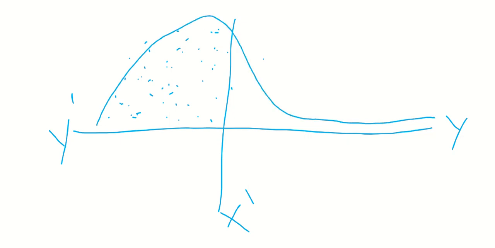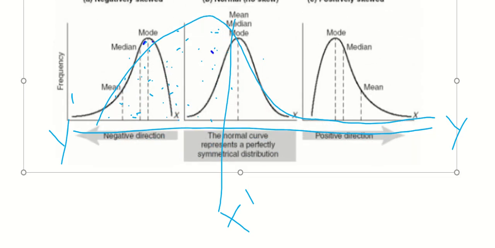Such a graph, where most of the values are on the left hand side, is skewed to the right hand side. So this is called right skewed. Just have a look at this one here. It looks like this. So it is called positively skewed, like this one.